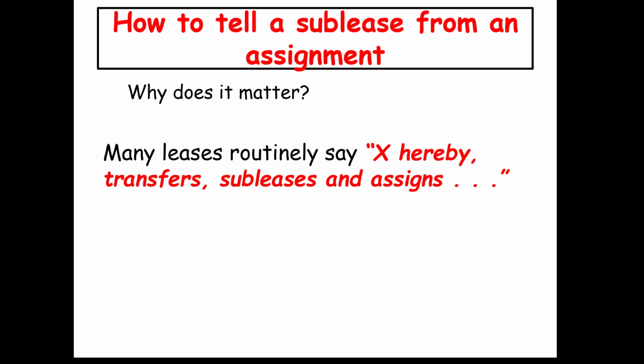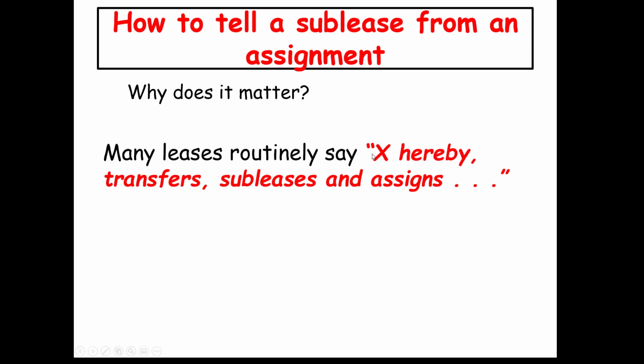Because a sublease, right, does not create any privity of estate between the landlord and the new tenant. And that has ramifications for obligations that the landlord has to the tenant and the tenant has to the landlord.